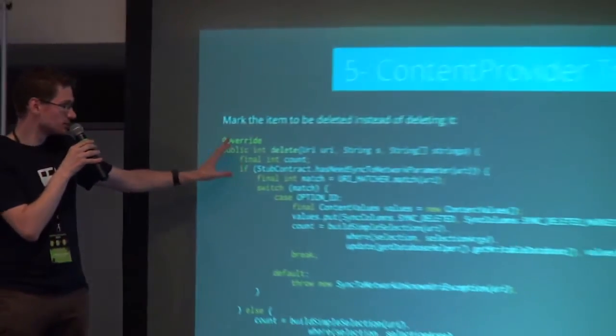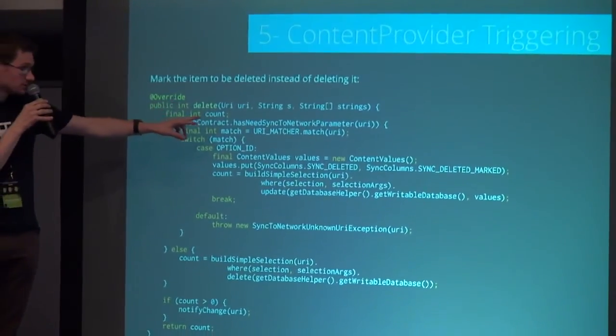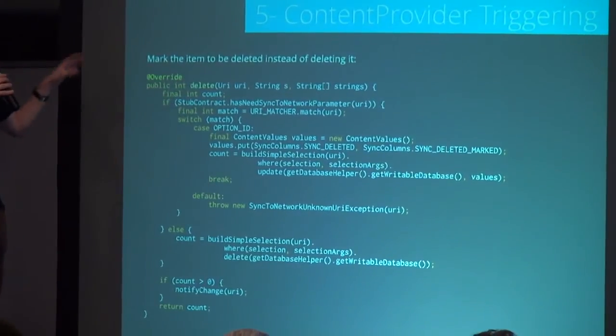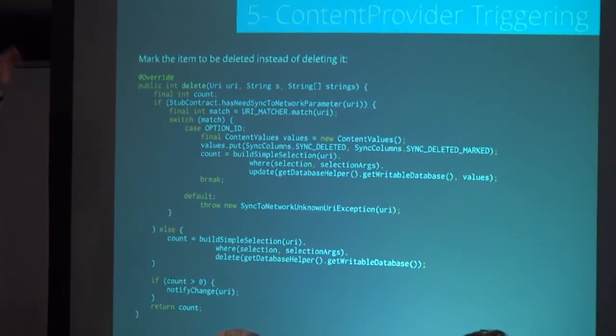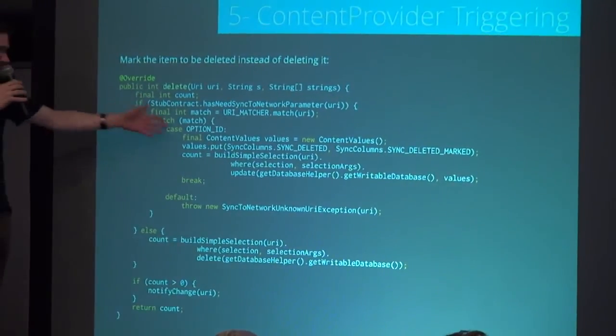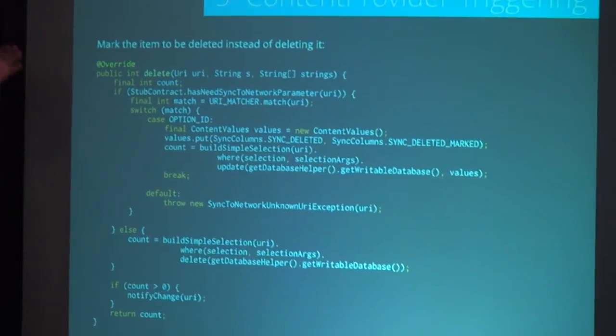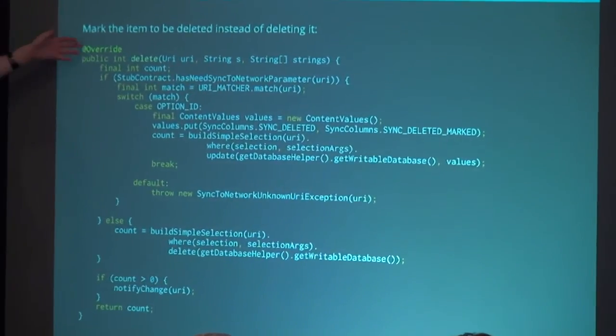First, for doing this, you need to implement a real content provider, of course, because basically your data will be stored in the content provider. So first, when a delete is requested, you need to know if this URI is a sync to network URI, and if this is the option ID, so that's a URI for calling one option in the delete.